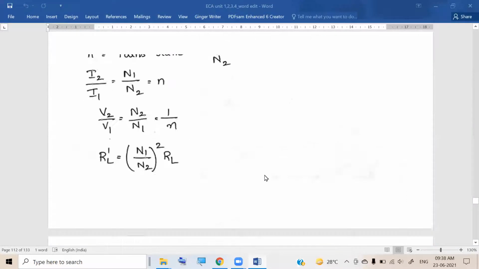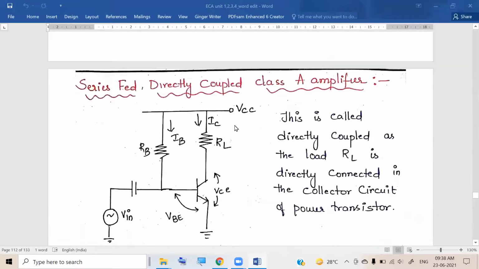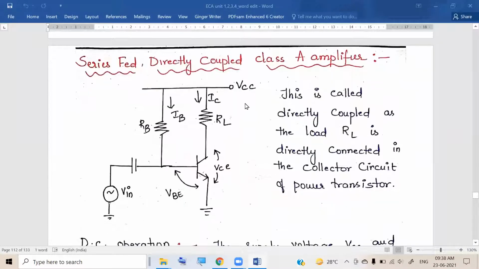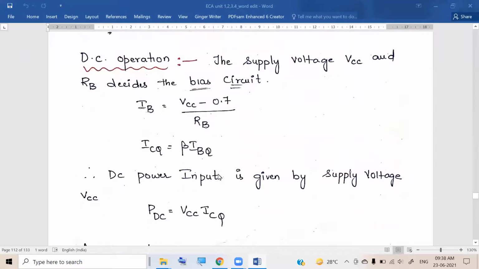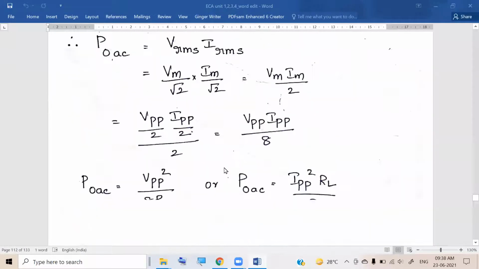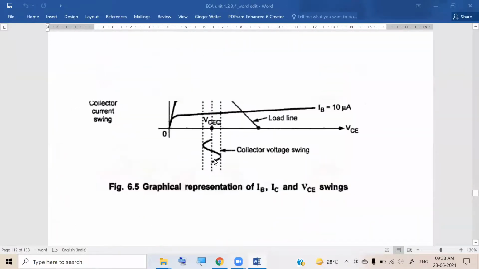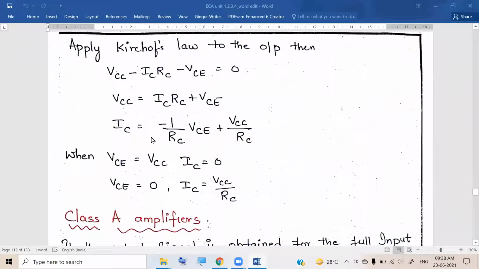Let me go there. This is the previous circuit. When we had VCC, RL and VCE, the load line that we got for this case was the relation IC is equal to -1 by RL into VCE plus VCC by RL.